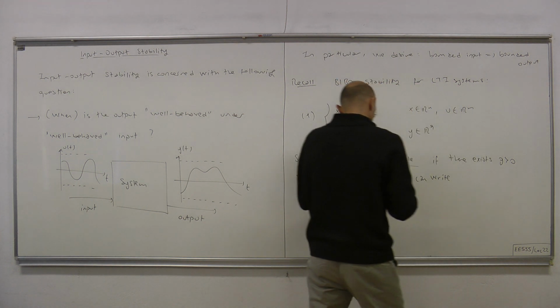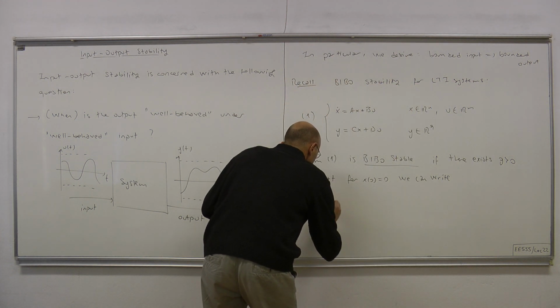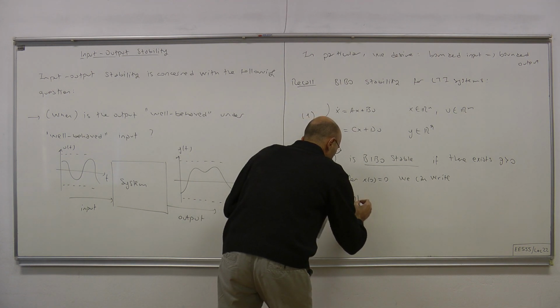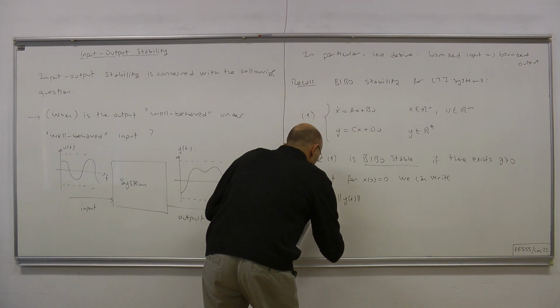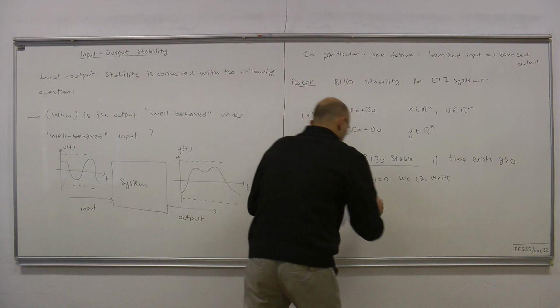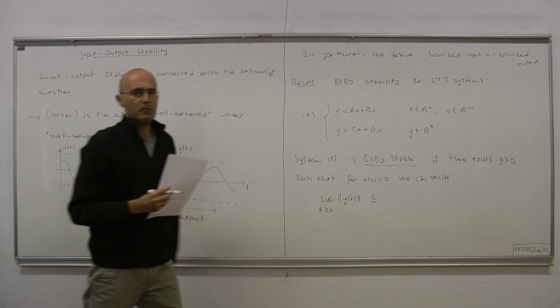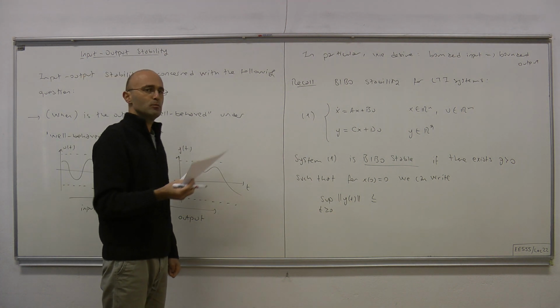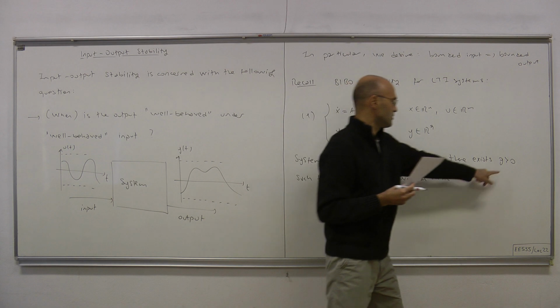We can write the sup over t of the norm of y(t) is always upper bounded by the supremum of the input signal multiplied by that constant g.